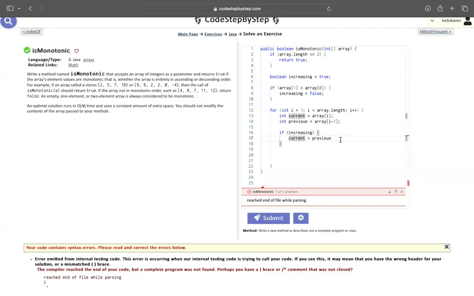Then it'd be fine, it can proceed. And then if current is less than previous, it has to stop. So if current is less than previous, we can just return false. Yeah. And what if current is greater than previous?